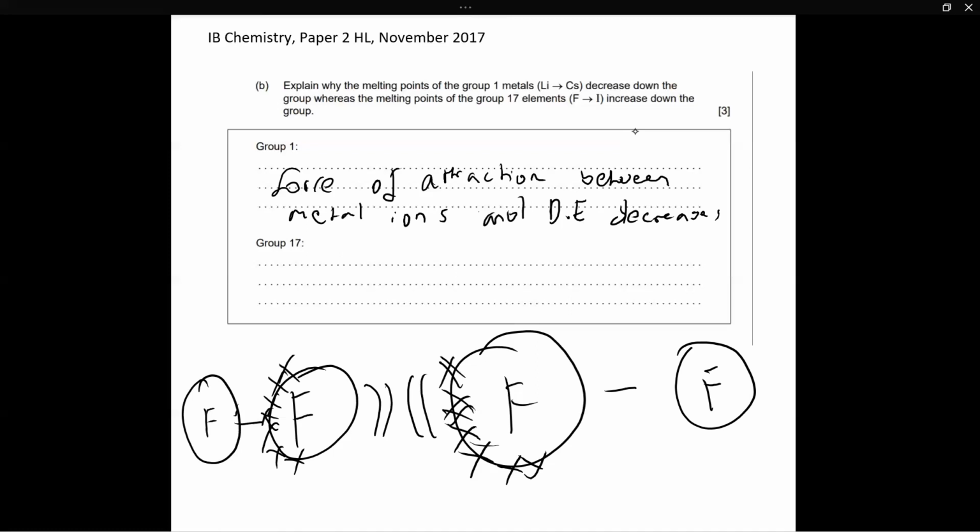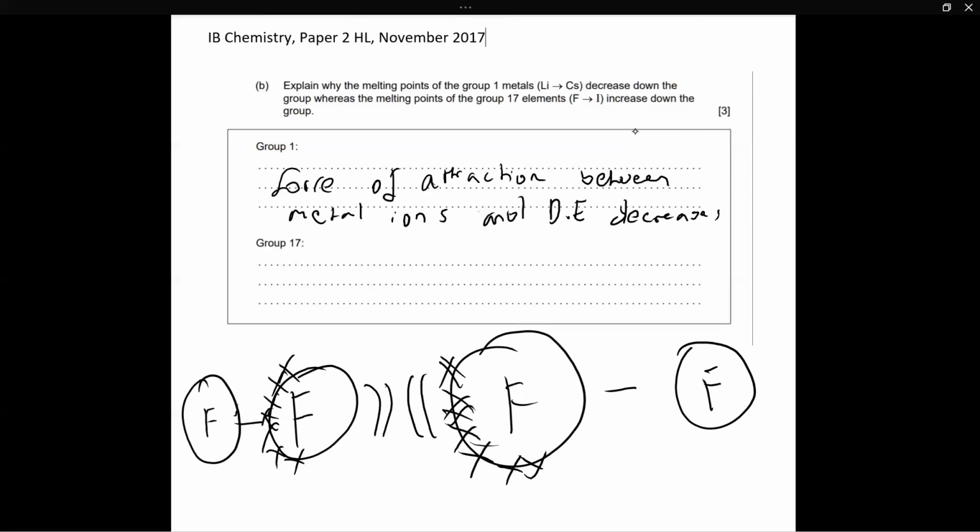And that's why the melting point of iodine is higher than the melting point of fluorine, because as mass and number of electrons increase, London dispersion forces become stronger. And that is the reason.